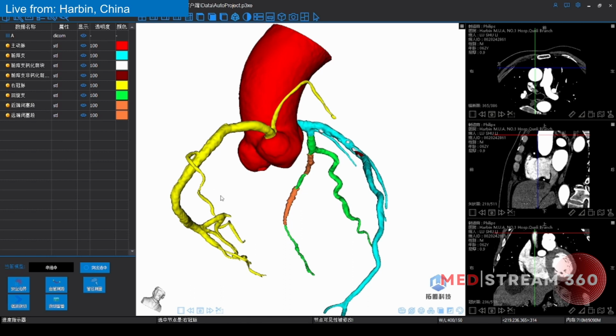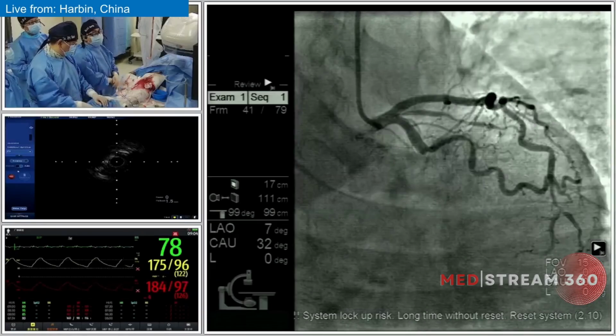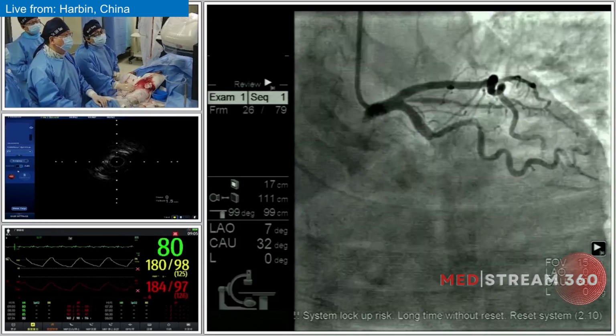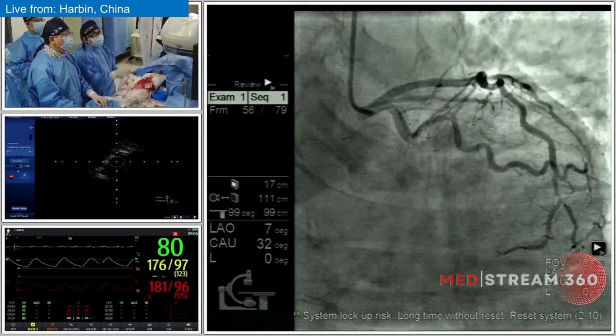So according to the anatomy of this lesion, I think it's a J-CTO score 2, a C2 lesion. So Dr. Gong, we have enough information about this lesion. What's your strategy? Both these studies give me a lot of information.